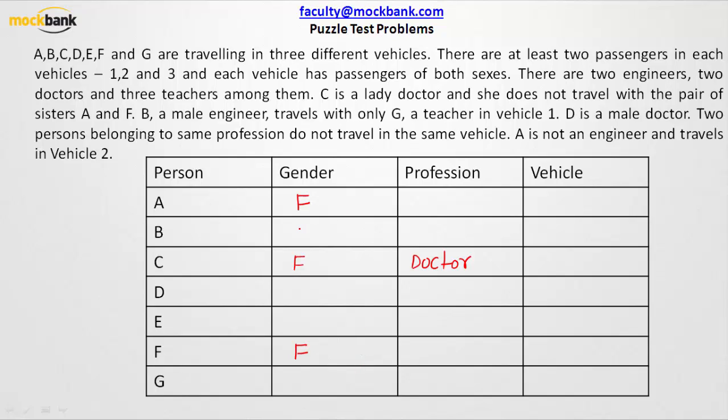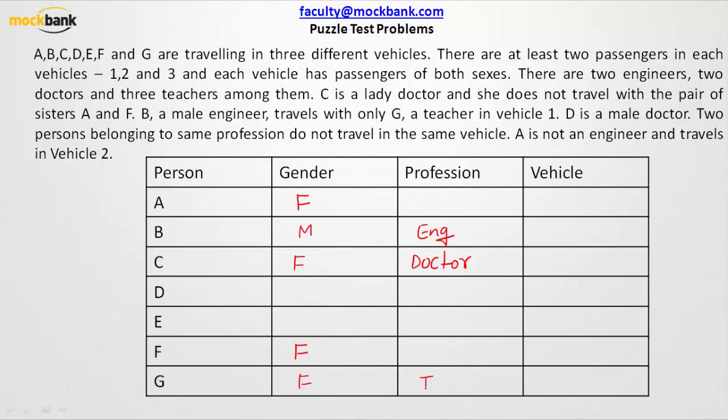B, being a male engineer, travels with G. So the gender of G for sure is female, as we talked about.